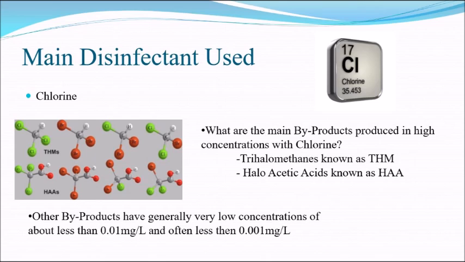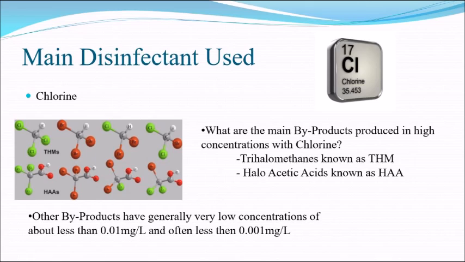The process of using this disinfectant is called chlorination, and it's when the chlorine reacts with naturally occurring organic matter, producing a complex mixture of byproducts, especially halogenated compounds, which are the organic byproducts. Trihalomethanes, known as THM, and haloacetic acids, known as HAAs, are the primary byproducts found in high concentrations.